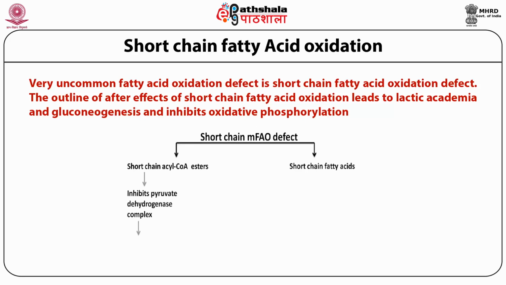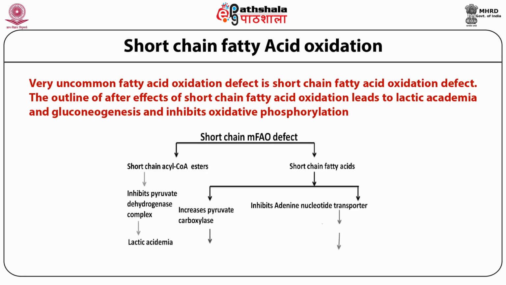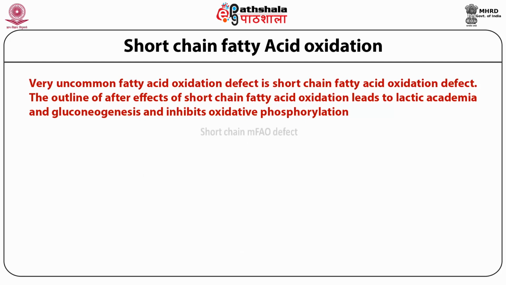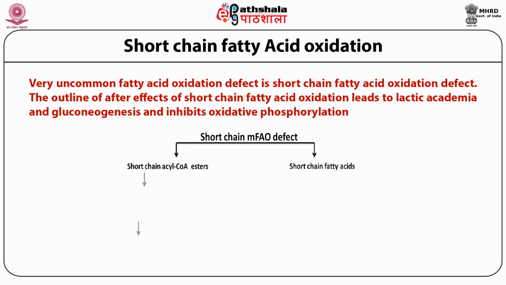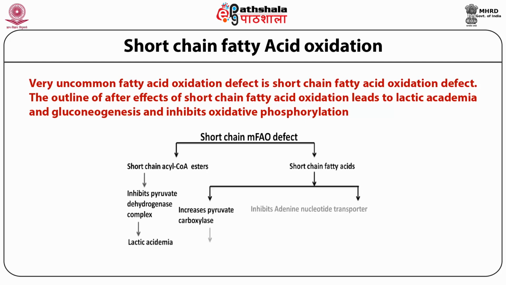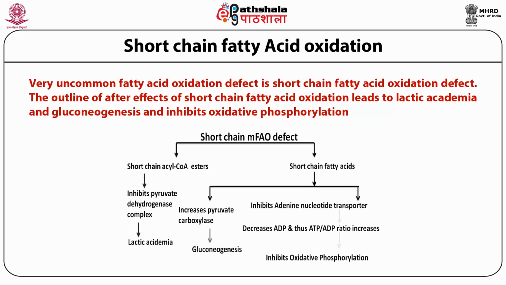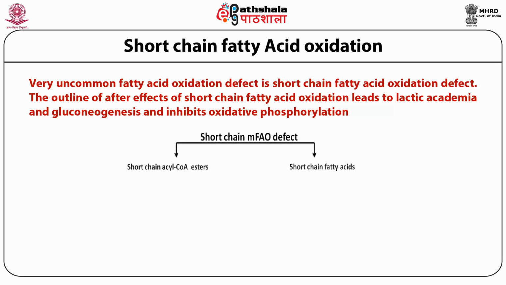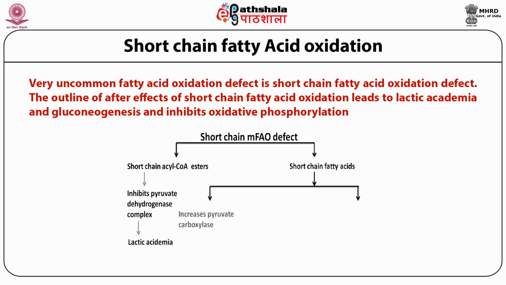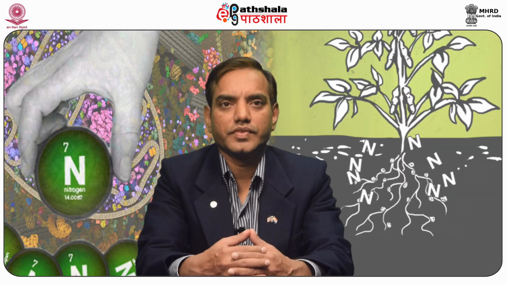The short-chain acyl-CoA ester inhibits the pyruvate dehydrogenase complex, which results in lactic acidemia, whereas short-chain fatty acid increases the pyruvate carboxylase and thereby enhances gluconeogenesis. Also, this short-chain fatty acid inhibits the adenine nucleotide transporter, decreases the ADP concentration, and thus increases the ATP-ADP ratio, which further inhibits the oxidative phosphorylation process.